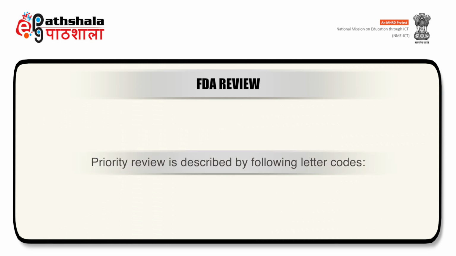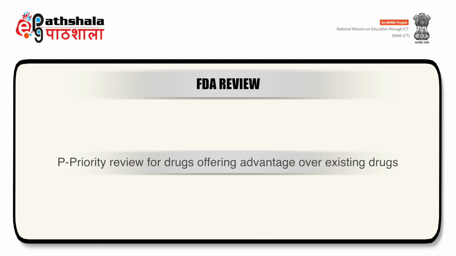The priority review is described by the following letter codes. First being the letter S, which indicates the standard review. Second, P, which indicates the priority review for drugs offering advantage over the existing drug.